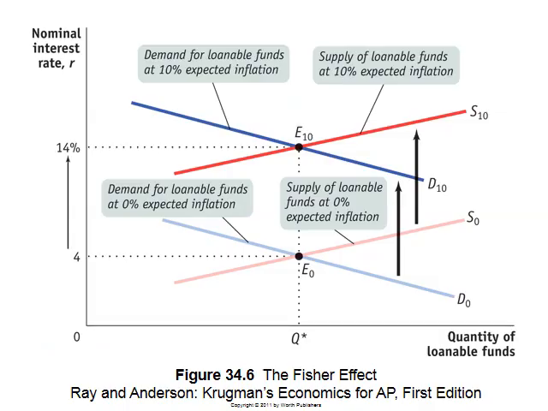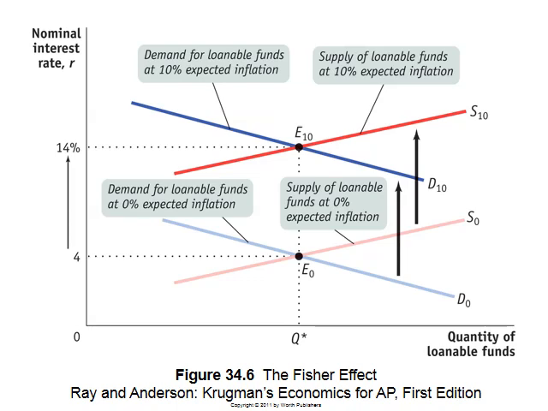This is a revisit of the Fisher effect from Module 29, and it illustrates this point. Remember that D0 and S0 are the demand and supply curves for loanable funds when the expected future inflation rate is 0. At an expected future inflation rate of 0, the equilibrium nominal interest rate is 4%. An increase in the expected future inflation rate pushes both demand and supply curves upward by 1 percentage point for every expected change.